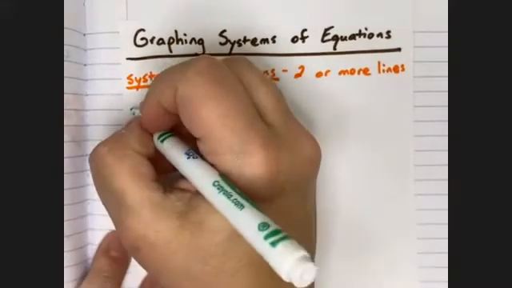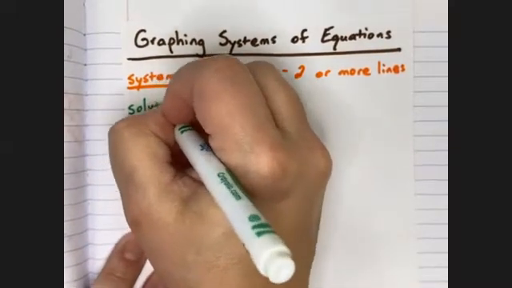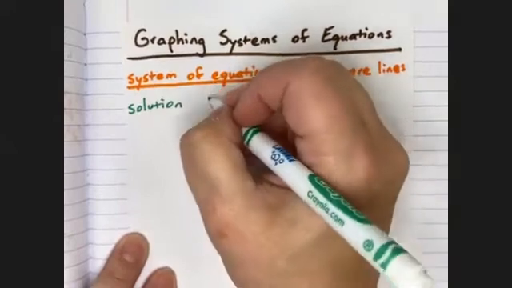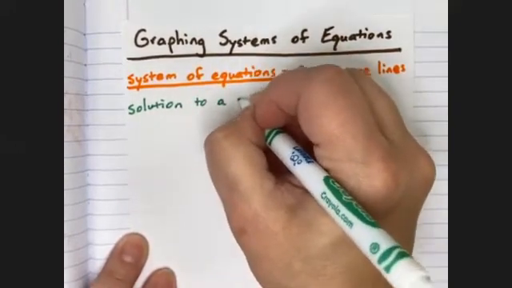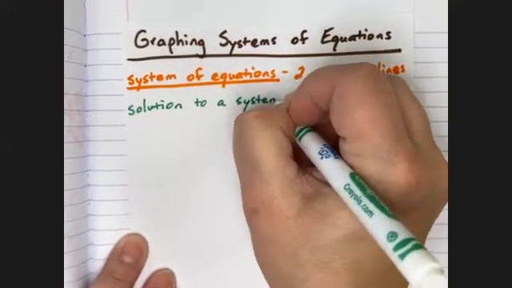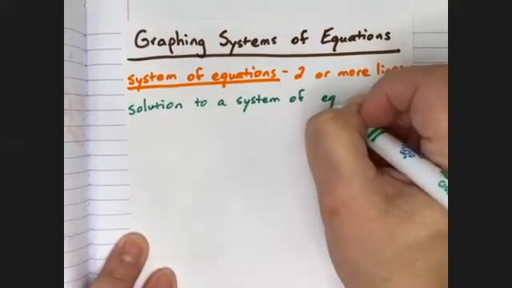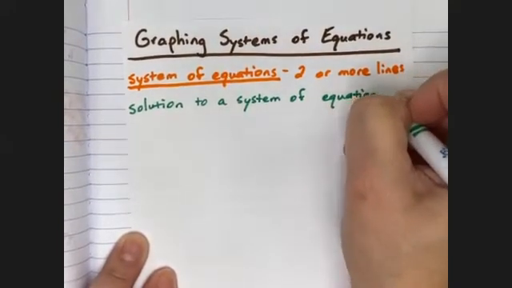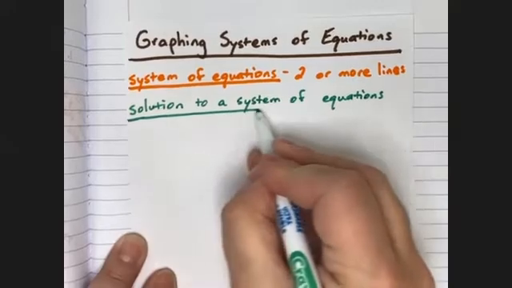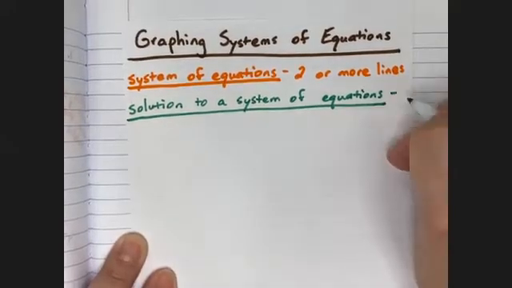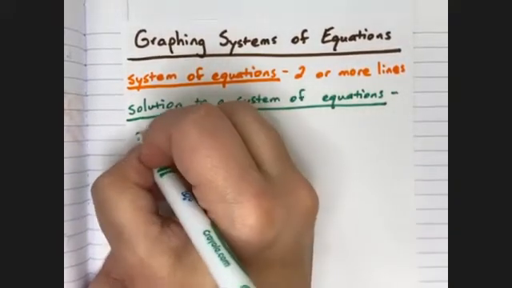So the solution to a system of equations, that is where the 2 lines cross.